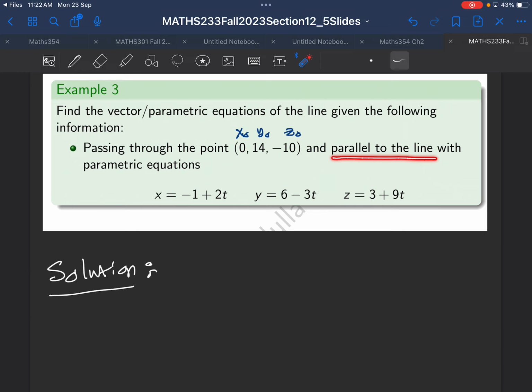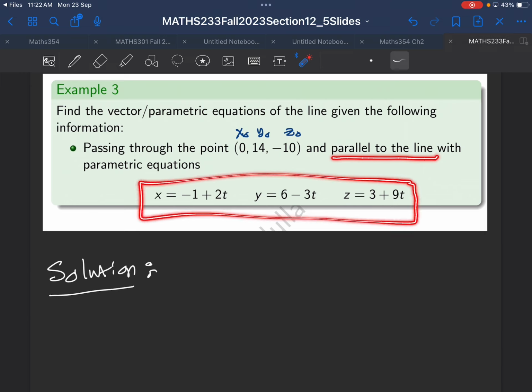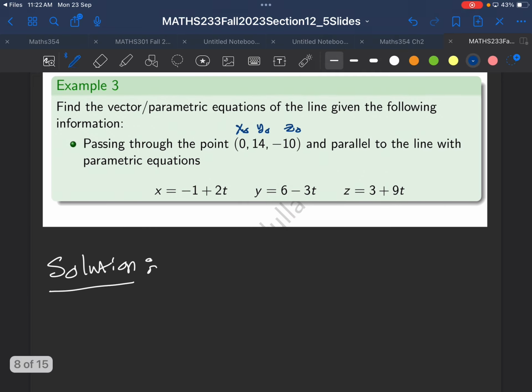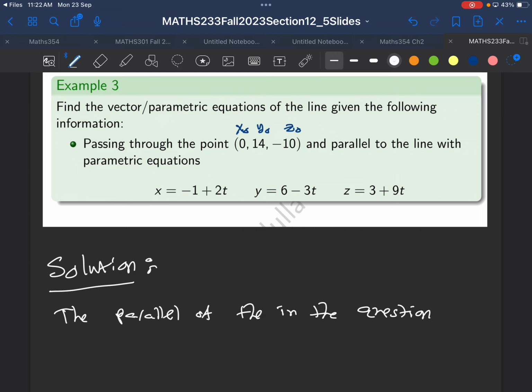All what I know is my line is parallel to another line, and those are the equations for the other line. So what is the idea here: the parallel vector of the line in the question is the same parallel vector of the given line.